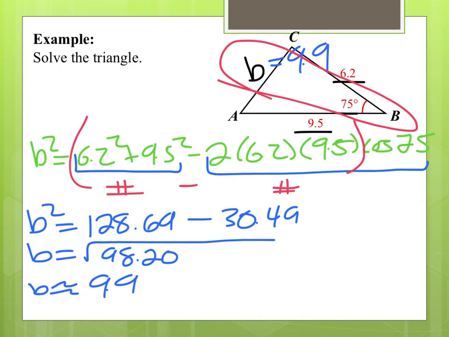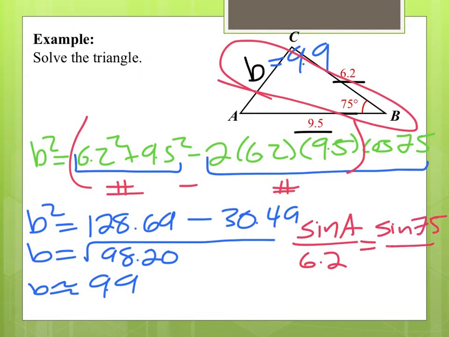And what I mean by that is, if I'm going to solve for angle A, then I'm going to start with sine of A over 6.2. So the angle's on top instead of on the bottom. And that's going to equal the sine of 75 divided by 9.9. So I'm going to multiply both sides by 6.2, and then I have to take the sine inverse.